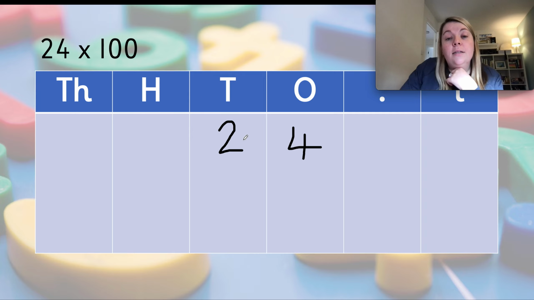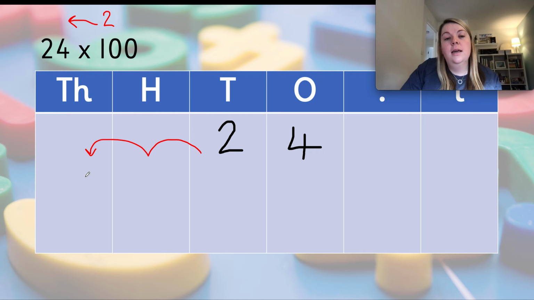Okie dokie. So 24. So 2 10s and 4 1s. 24 multiplied by 100. Because I'm multiplying, I'm moving to the left because the numbers are getting bigger. And because I'm multiplying by 100, there's 2 zeros in 100, so I move it 2 place value columns to the left. So my 2 in my tens column is going to move 1, 2 to here.